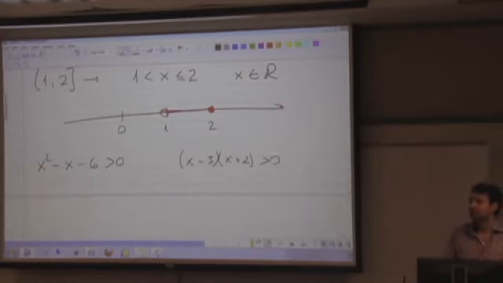Right? Now what? Okay, x is equal to 3, x is equal to negative 2. What next?